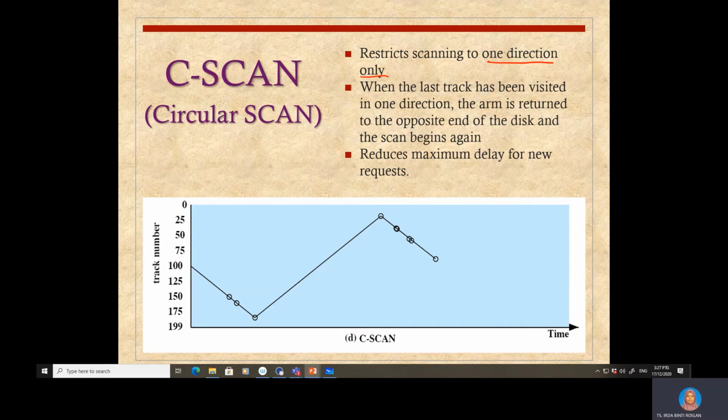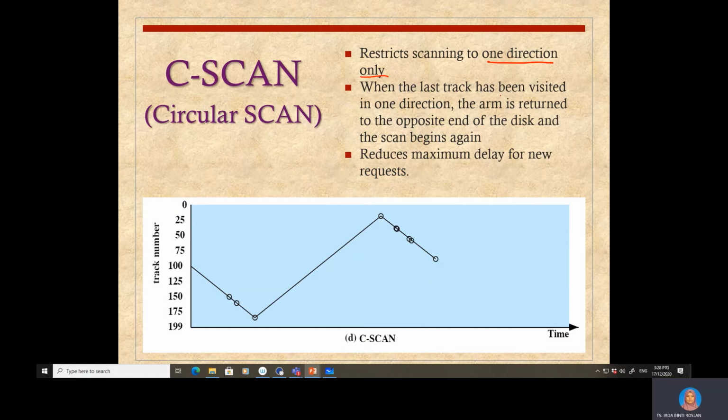If it's already at the end of the track, it will return to the beginning of the track, and then you scan again from the beginning using the same direction, increasing. So increasing, return, and then you increase again. If it's decreasing, you decrease, return, and then decrease again. So that's the meaning of scanning using only one direction.